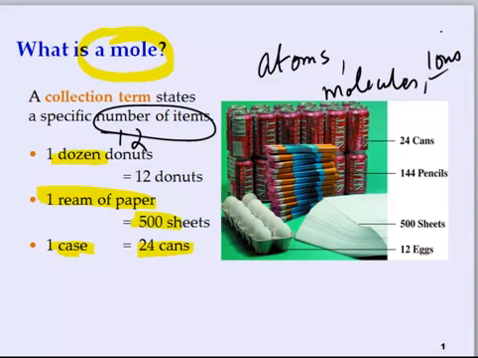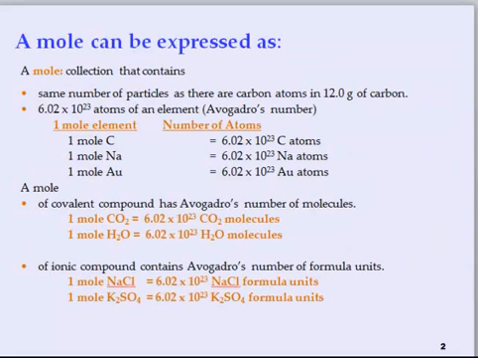This count of a mole is going to be a very large number, and that number is 6.02 × 10^23. So whether we are taking a mole of carbon atoms, which would mean that there are 6.02 × 10^23 atoms of carbon, or a mole of sodium atoms, or a mole of gold atoms.